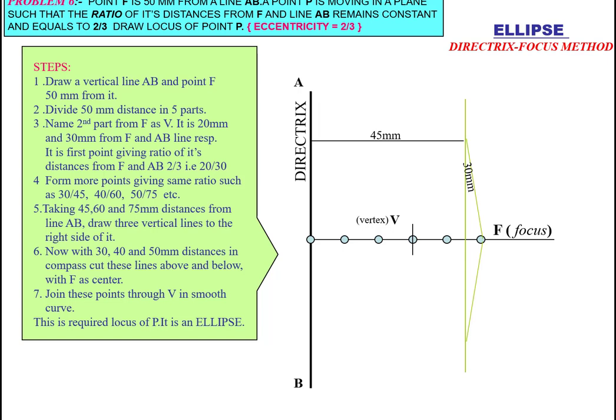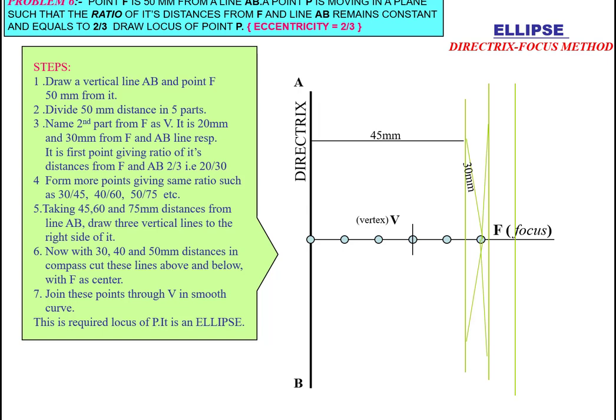Likewise, take a line at 60 from the directrix, then make an arc from center F with radius 40. So make two arcs above and below from focus F. Now make a line 75 mm from the directrix, so the distance from focus is 50 mm.